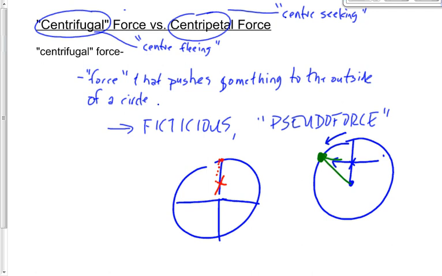Does that make sense? So what it really is, me being pushed to the outside is really my inertia taking me in a straight line and then me catching up with the end of the bar. Now, the reality is, yeah, we should really draw about 1,000 different stages between here and here, because you're not literally going in a straight line all the way from here to here, but it's that idea.